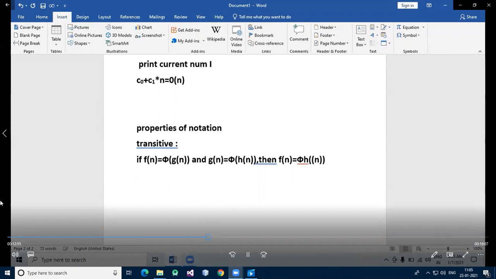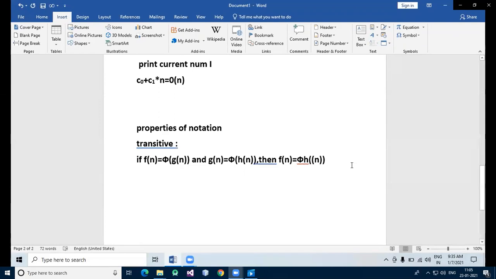Okay, so then if f of n is equal to O of g of n, and g of n is equal to O of h of n, then again g of n and g of n get cancelled, and we have f of n equal to O of h of n.